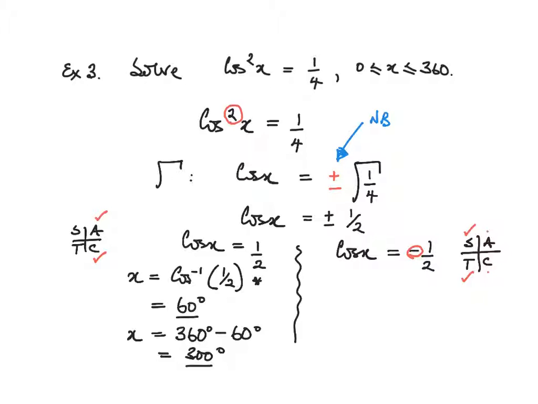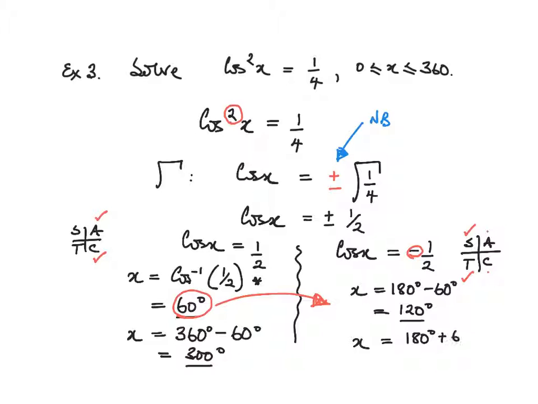So what I'm going to do is to make use of this answer. x then equals 180 minus 60 degrees, which is 120 degrees. And the answer in the third quadrant is found by adding 60 degrees on to 180 degrees. It gives us 240 degrees.